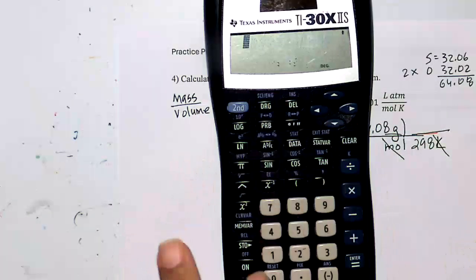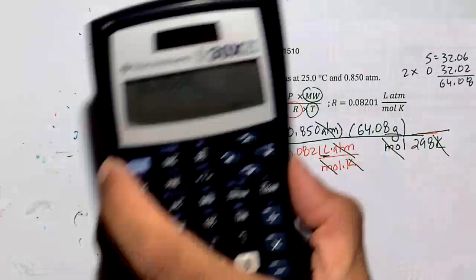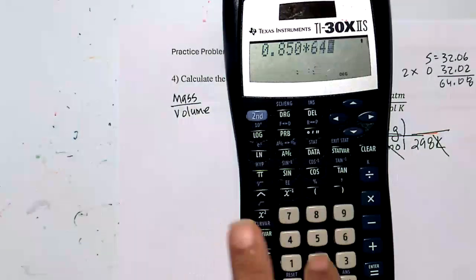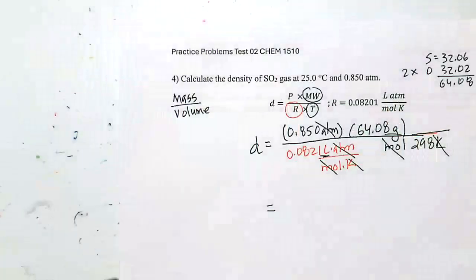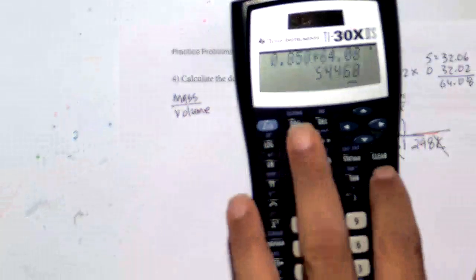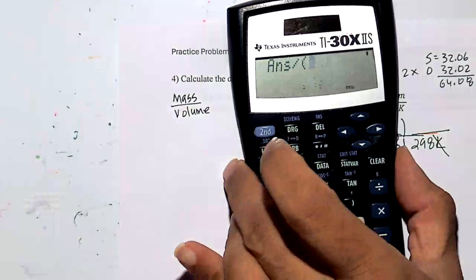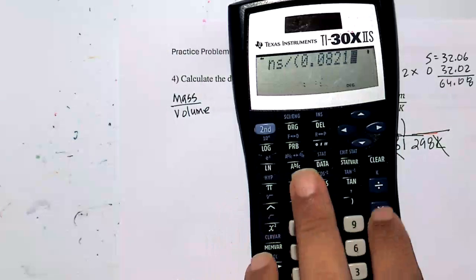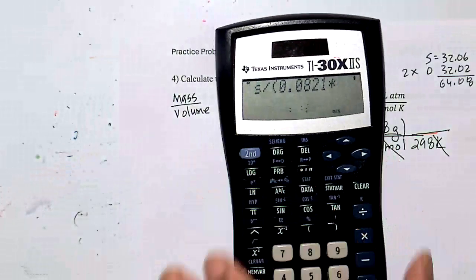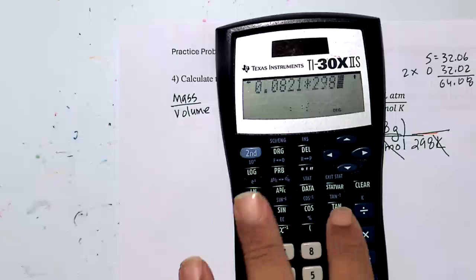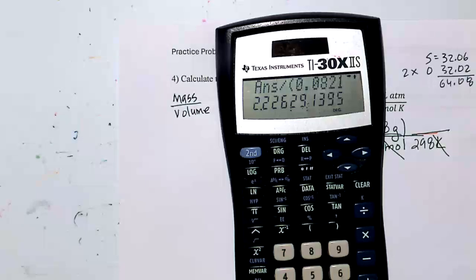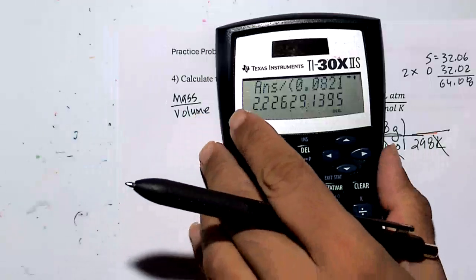So 0.850 times 64.08 divided by parentheses 0.0821 times 298, close the parentheses, and then 2.23 grams over a liter.